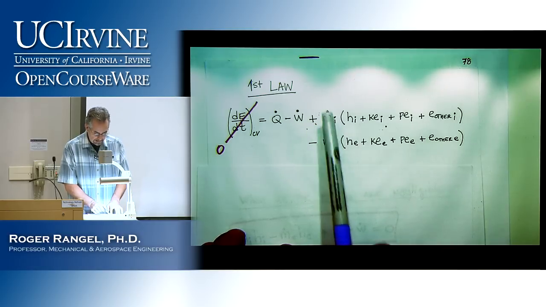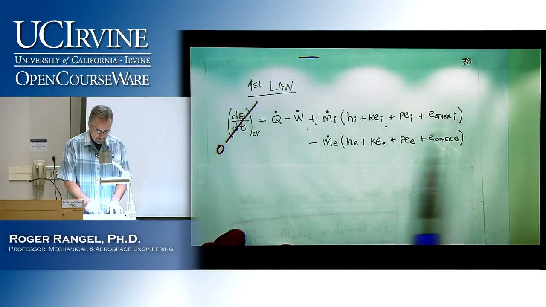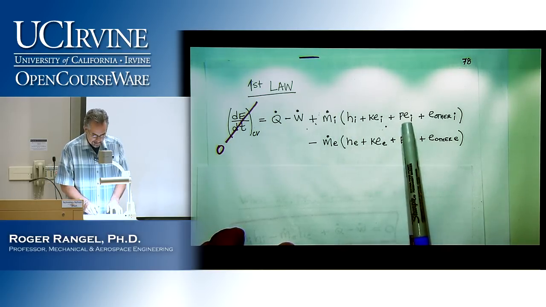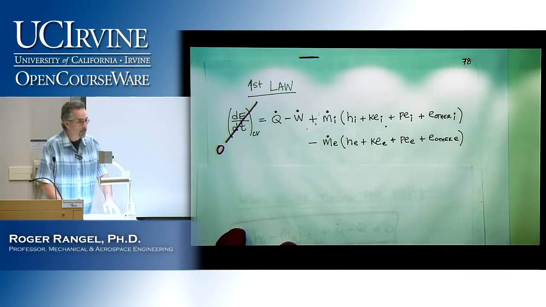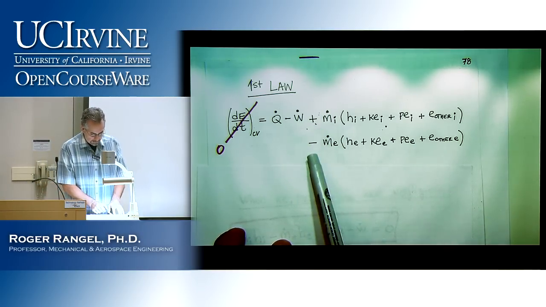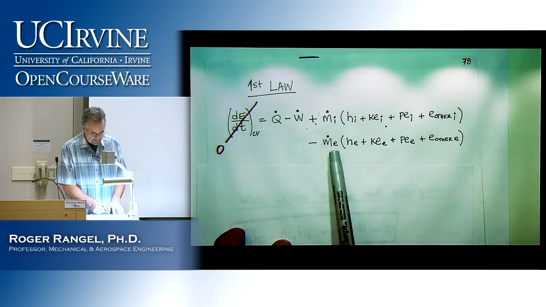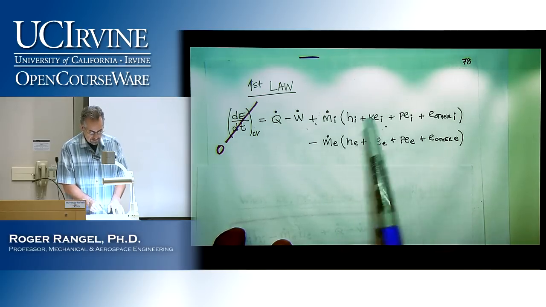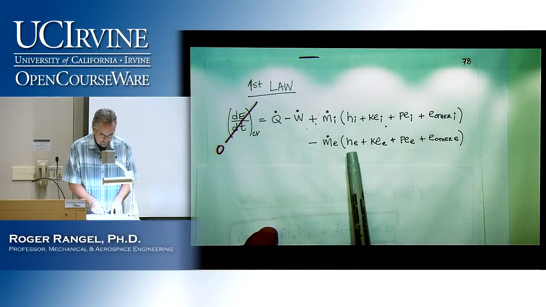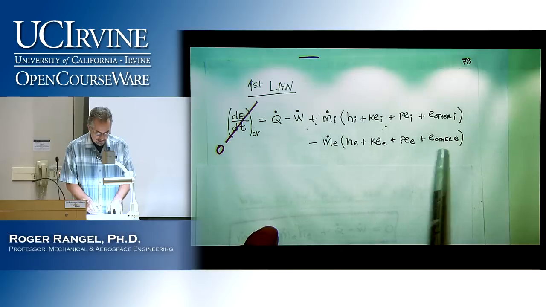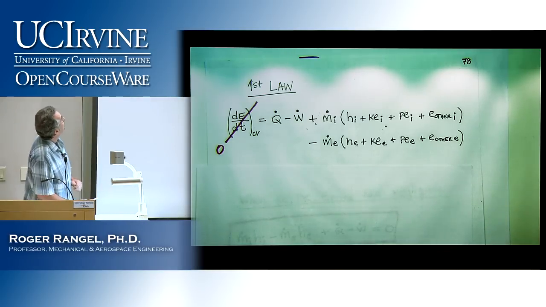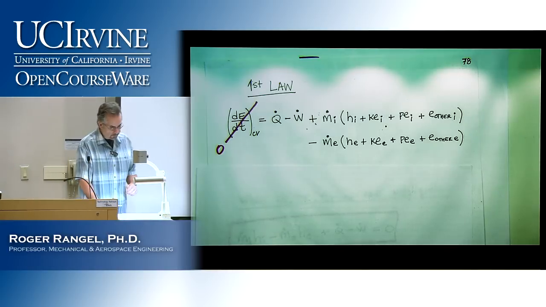So positive inlet mass flow rate times this parenthesis quantity, which is enthalpy, kinetic energy, potential energy, and any other form of energy that might be present with the incoming mass flow rate, and then subtracting the exit mass flow rate times a parenthesis very similar to the other one, except that it has the exit value. So exit value of the enthalpy, kinetic energy, potential energy, and other forms of energy. That's our full statement of the first law of thermodynamics for a control volume.